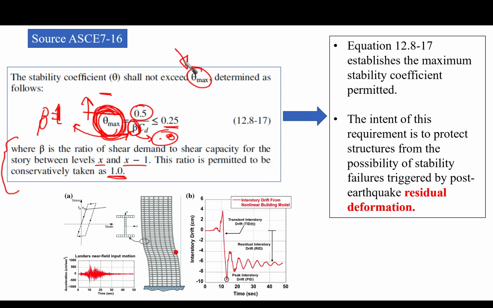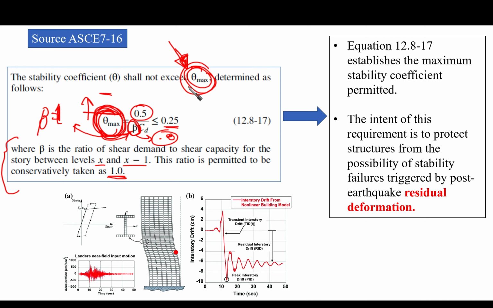Now if I ask you a question, why do we put theta maximum, why is there a maximum threshold, as I asked previously why we put theta minimum, and we said that because overstrength is going to take care of the P-delta, no need to calculate, and the P-delta is not significant. And here, theta maximum is being put as a threshold. Why do we put it?